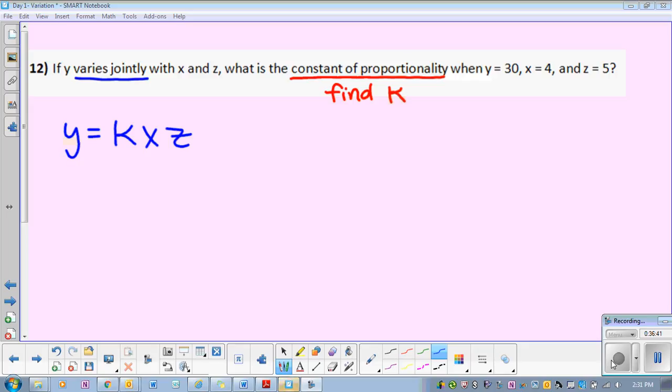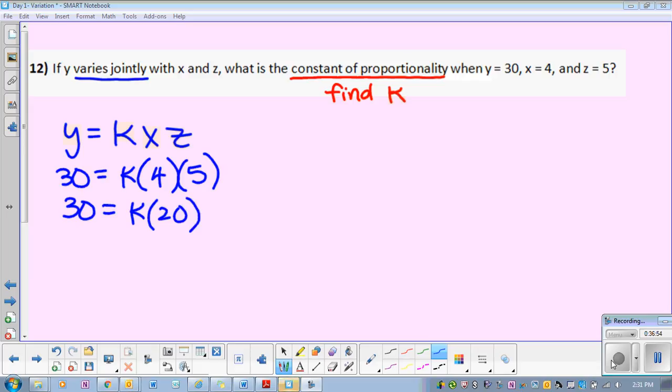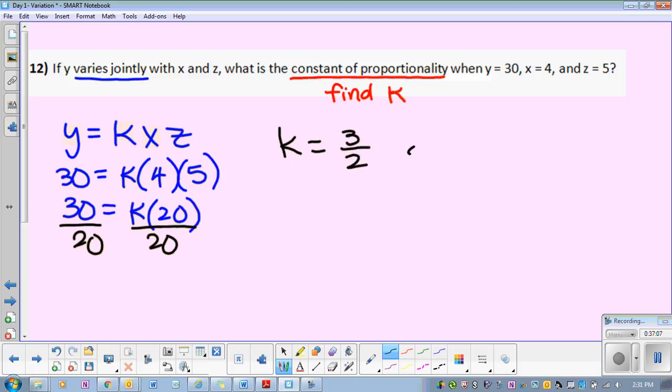Find k. Y equals 30, x is 4, and z is 5. So 30 equals k times 20. How do you solve for k? Divide by 20. Good. And then what is k? 3/2 or 1.5. All right?